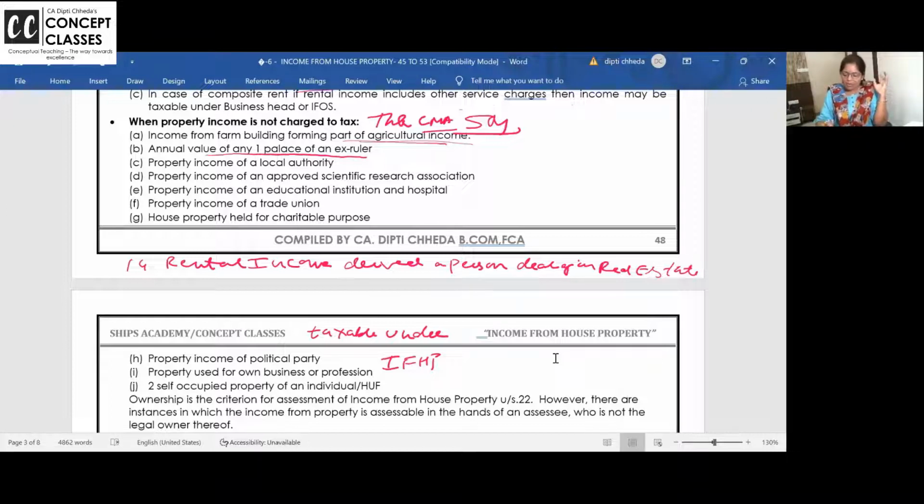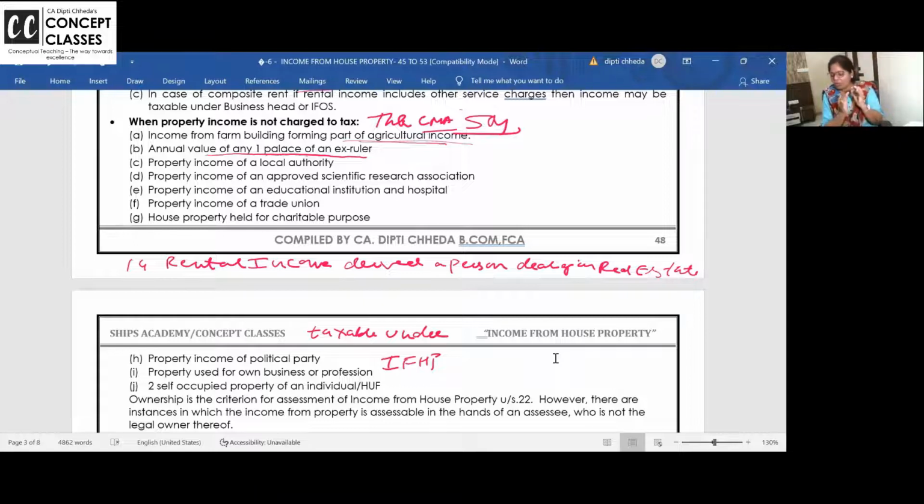So any one of the palaces of an ex-ruler, if your earlier generations were ruling this palace or property, and now you are getting rental income. But you have three palaces, one in Hyderabad, one in Udaipur, third in Jaipur. Any one of the palaces' income is exempt from tax. Remaining rental income will be taxable.